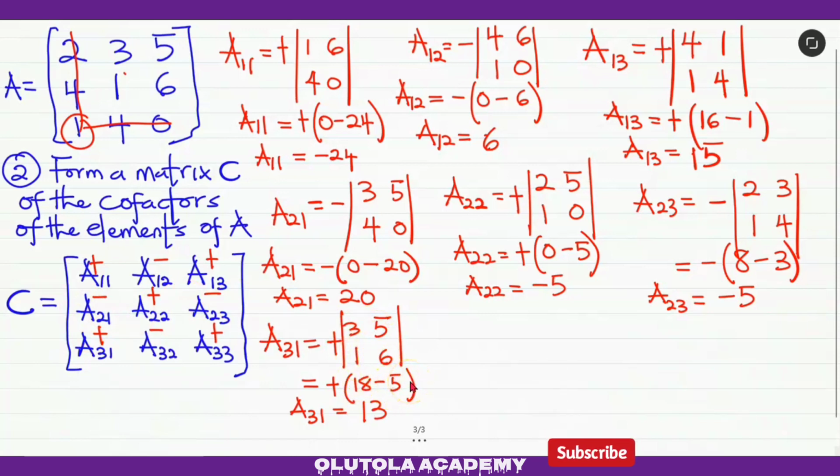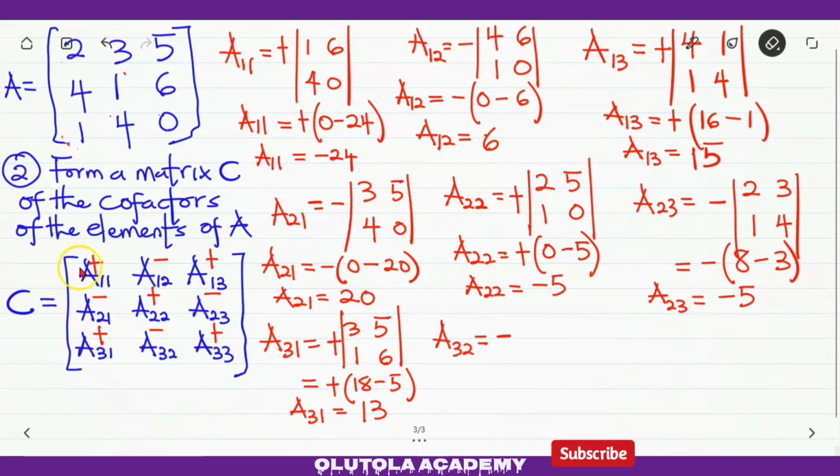So we go on again. To get A32 now, A32 is negative. So I'm closing this row up and this column up. That will give us 2 5 4 6.